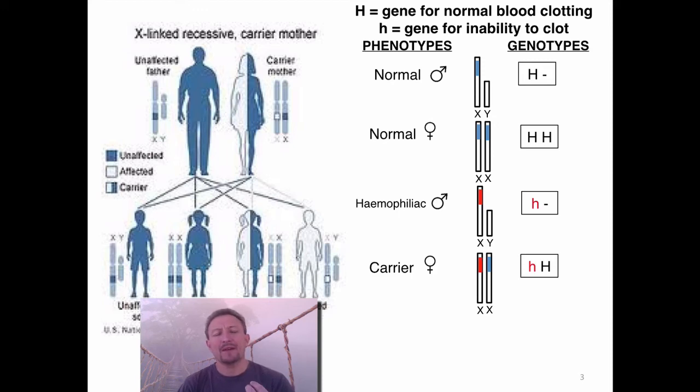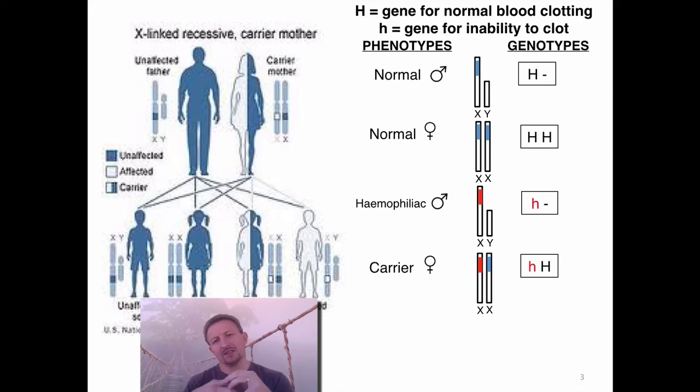A hemophiliac carrier only comes across in the female. So basically, she's going to get one chromosome which has undergone mutation, so there's the little h, and she's also got one chromosome which has a gene for normal blood clotting. The normal blood clotting dominates over the recessive.